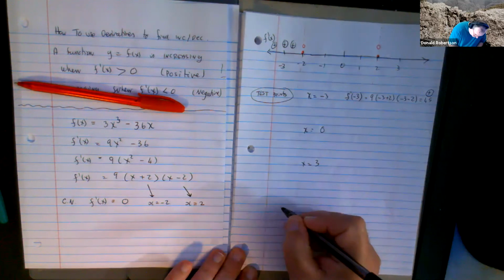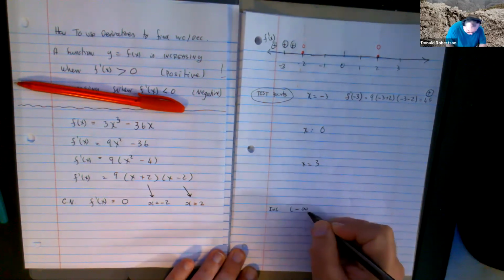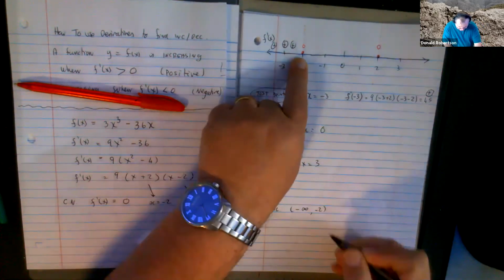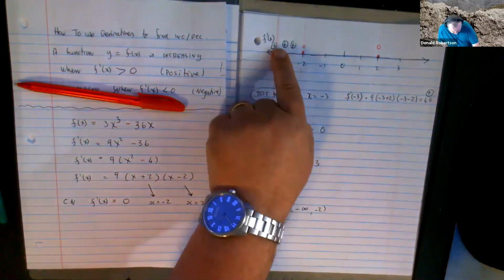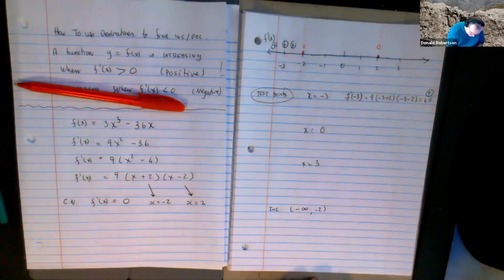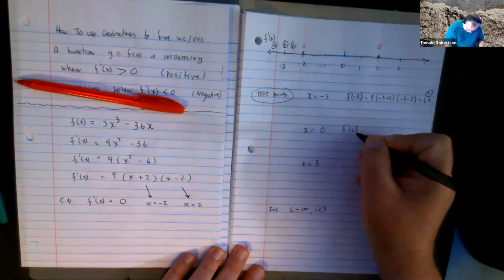So I can now tell you that this function is increasing for values of x forever up to an x coordinate of -2. So any value of x in that region has to be positive. It has to be increasing. And then you do x equals 0, and you find the derivative at 0.